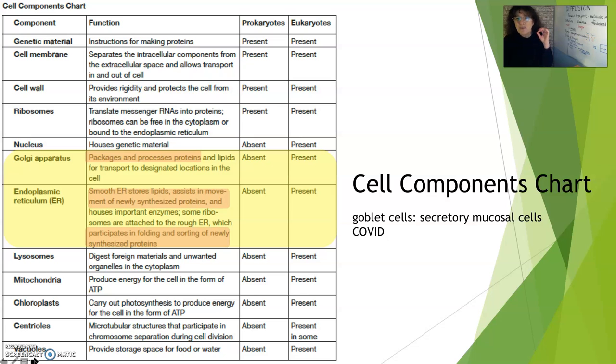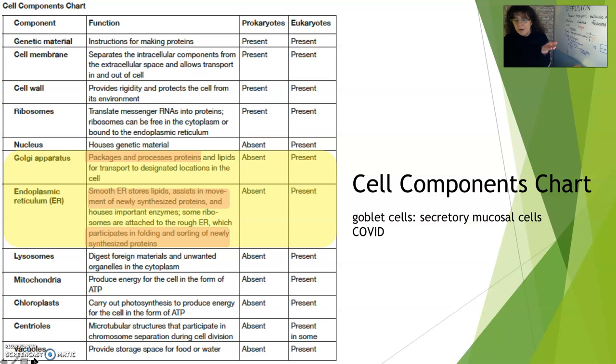COVID seems to really nail the goblet cells in your nose and destroy some of their mucosal activity, which mucosal activity attracts a virus to expel it. So that, as you can see, would really cause an infection to speed up and accelerate.